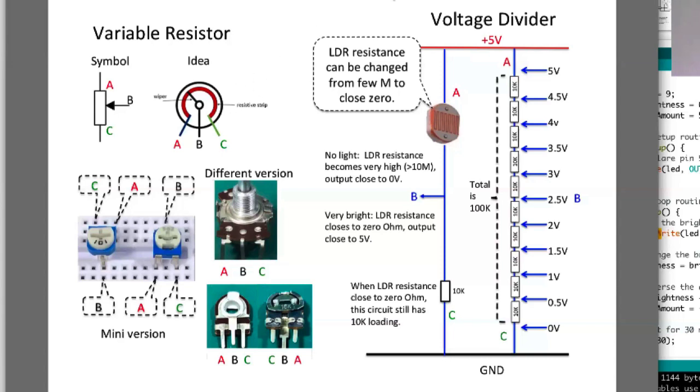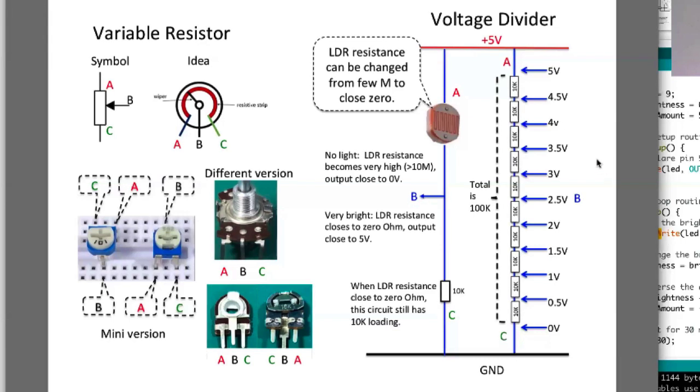Now, with the variable resistor, we would like to generate a different voltage. Remember, we just talked about analog. So for analog, we like to generate a different voltage by turning this variable resistor. I can explain a variable resistor as a series of resistors together, from 5 volt to the ground.